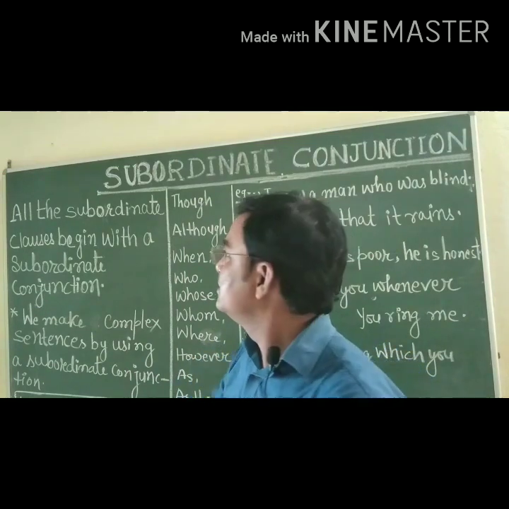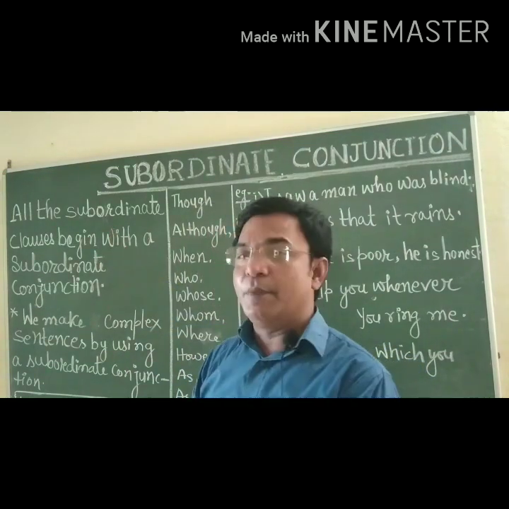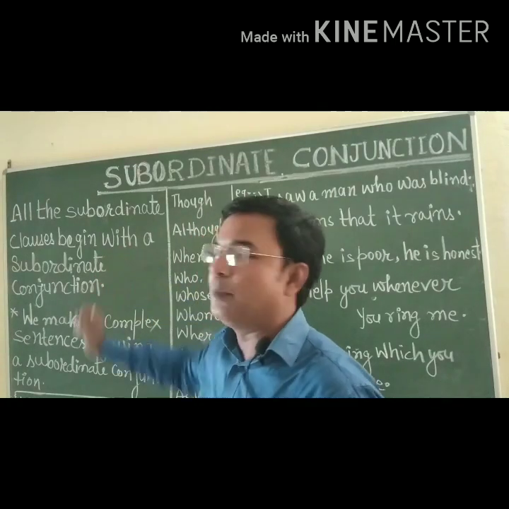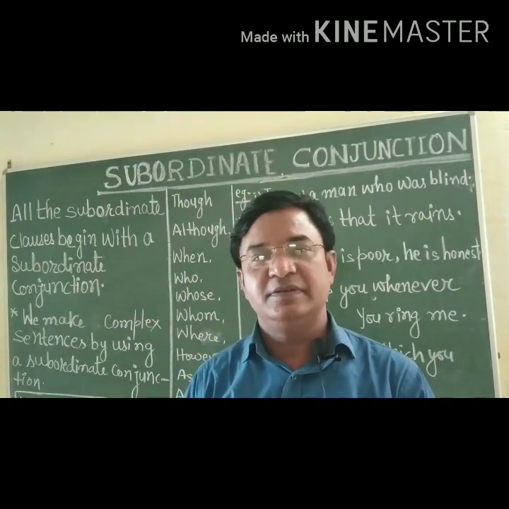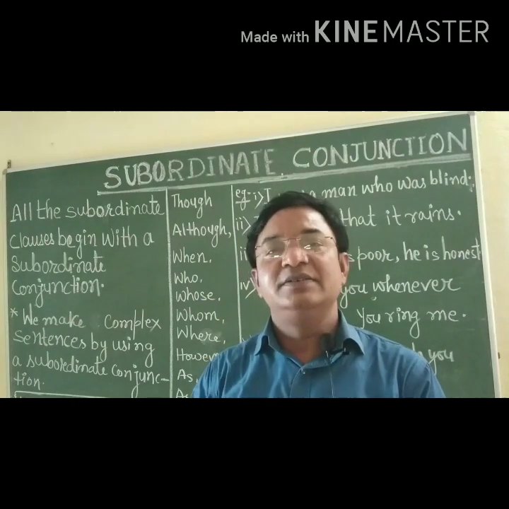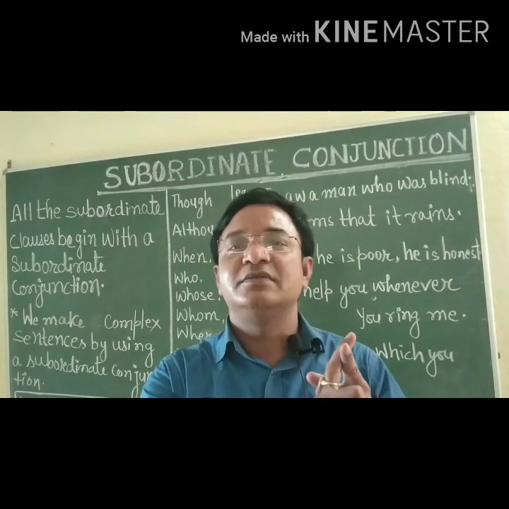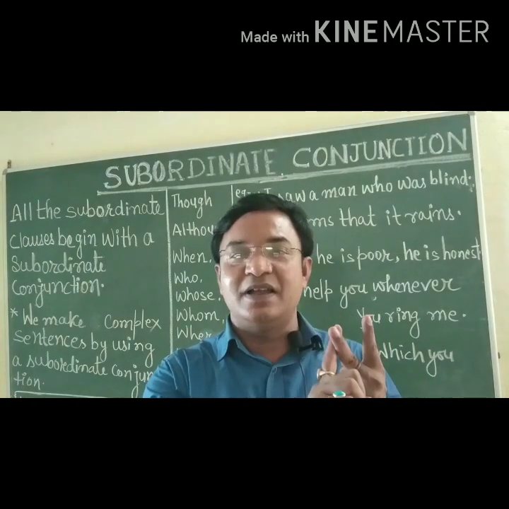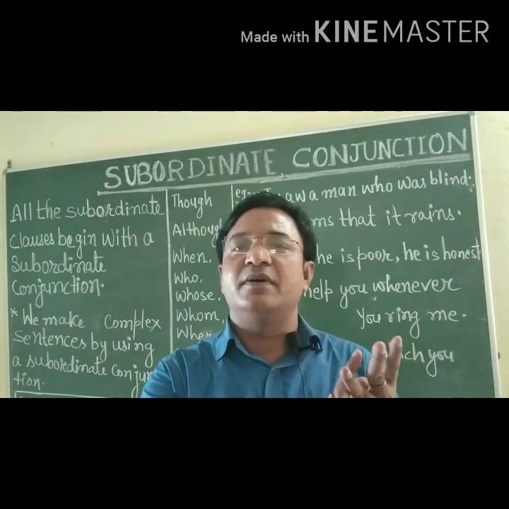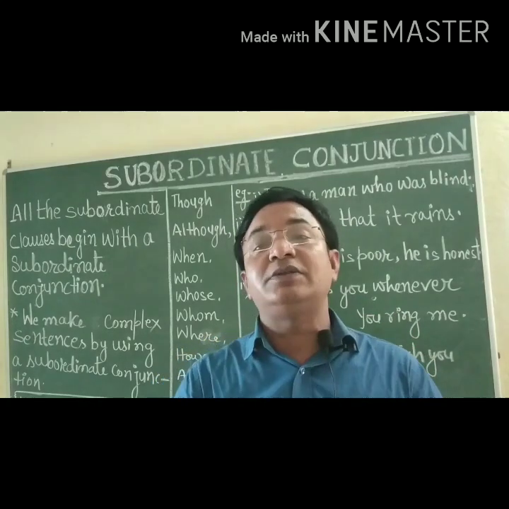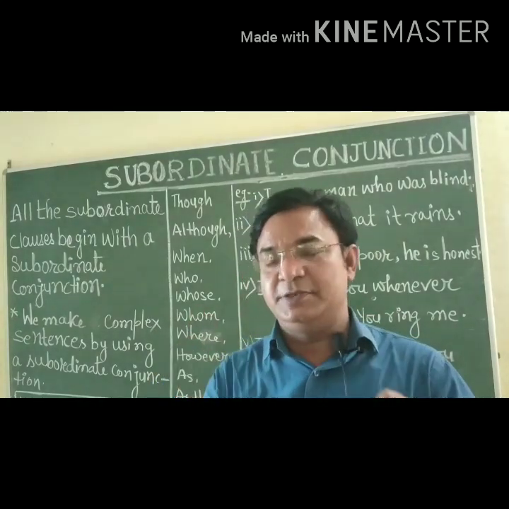See here. All the subordinate clauses begin with a subordinate conjunction. All the subordinate clauses, whether they are noun clause, adjectival clause, or adverbial clause, all of them will begin with a what? A subordinate conjunction.